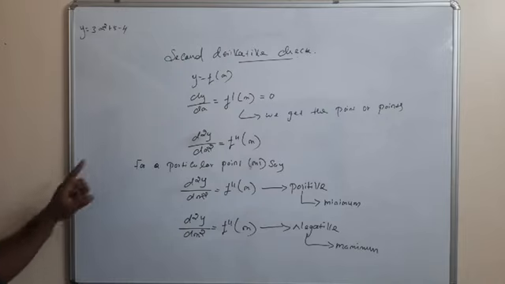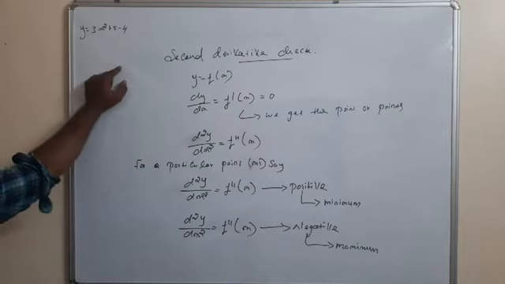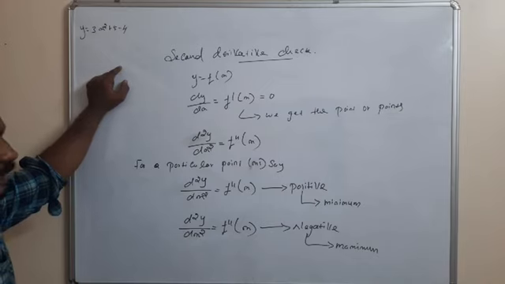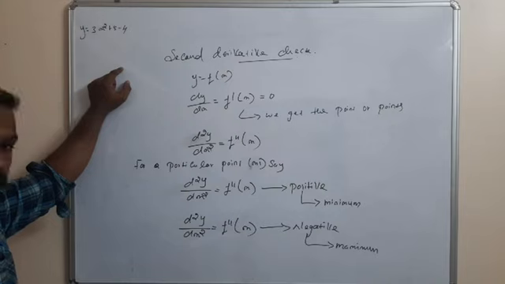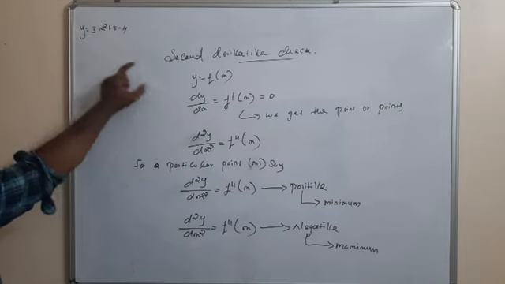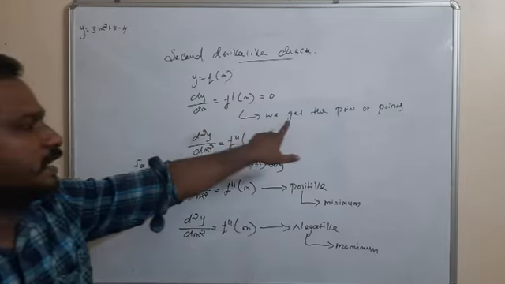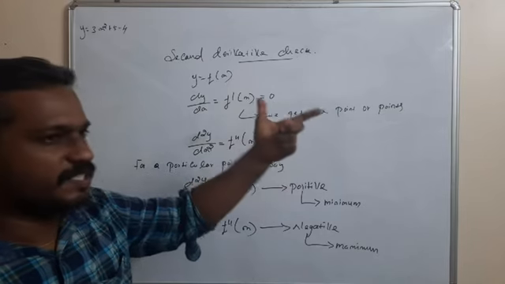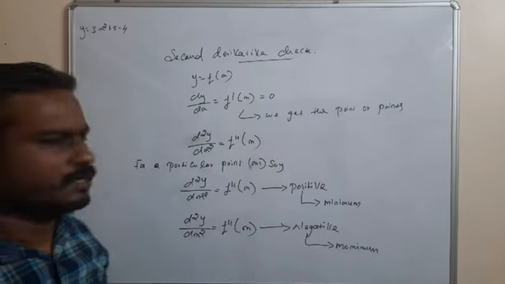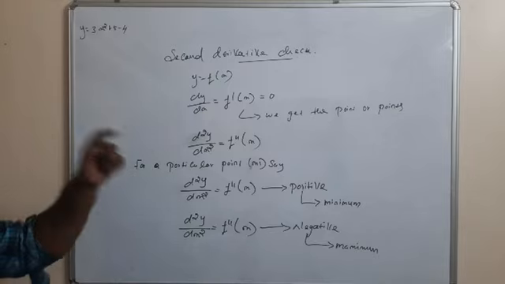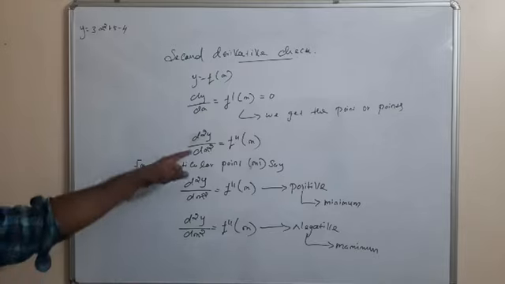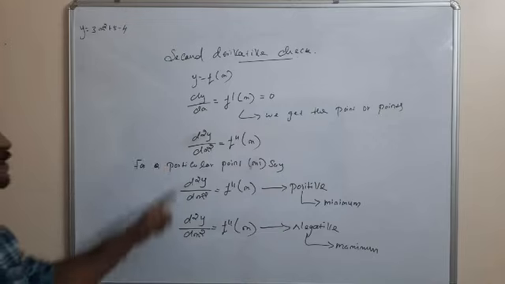So this is the logic we are using to find whether the function is maximum or minimum at a particular point. From the first derivative we are getting the points at which the function may be maximum or minimum. To find at a particular point whether the function is maximum or minimum, we are using the second derivative.